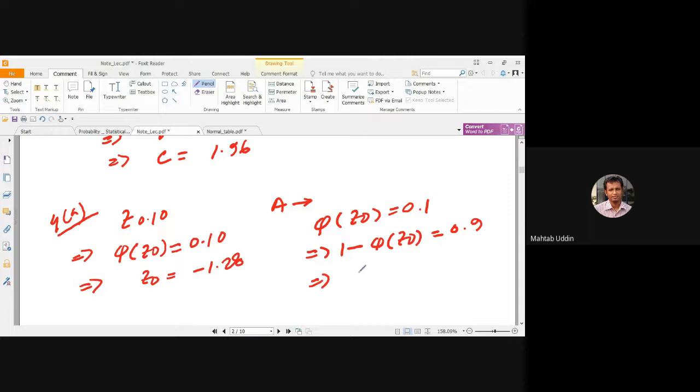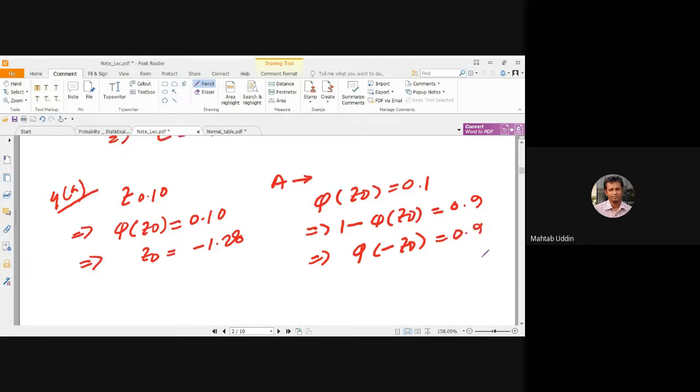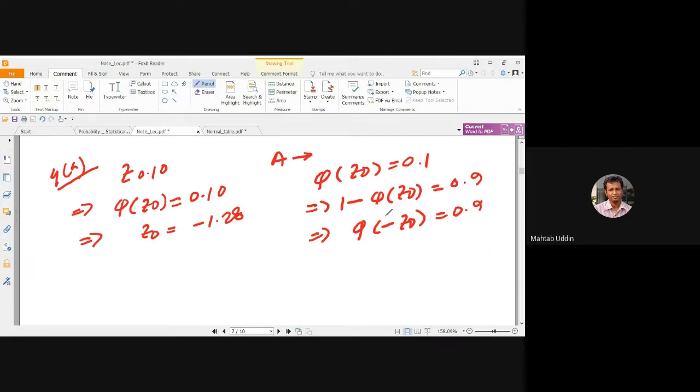Then according to the formula, we know this is minus z naught. You can write this formula. From the table you find 0.9 is the probability of 1.28. So z naught is minus 1.28.